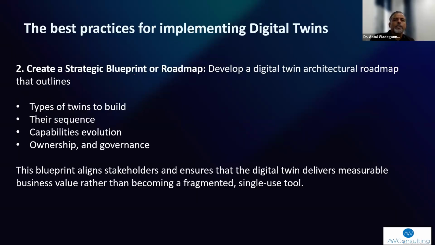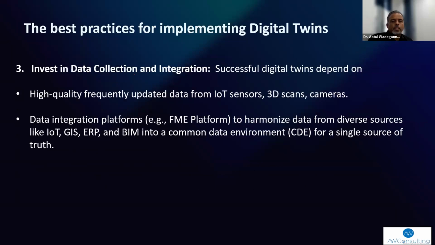And then we have to create a strategy or roadmap. What type of twin we want to build, what is their sequence, their capability evaluation, ownership, governance. For this we have to create a strategic blueprint or roadmap focused on our objectives.